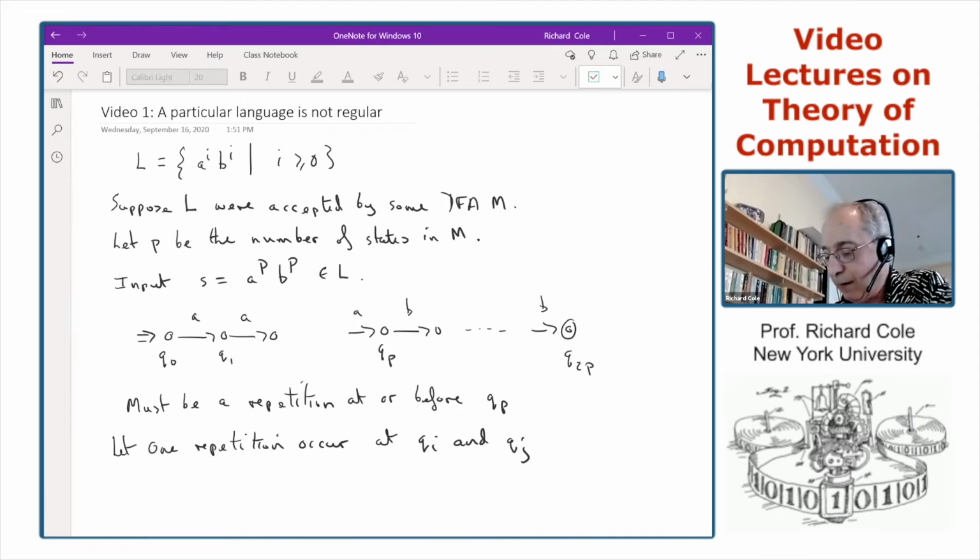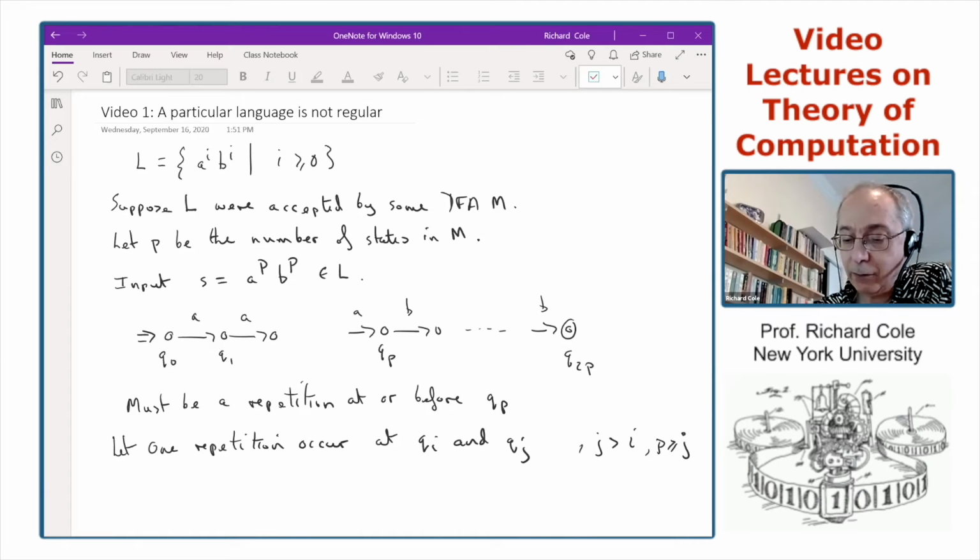What I mean by this is that Qi and Qj are actually the same state, but j comes later than i in this sequence, and furthermore, P is greater than or equal to j. So Qi occurs somewhere here, Qj occurs somewhere here.